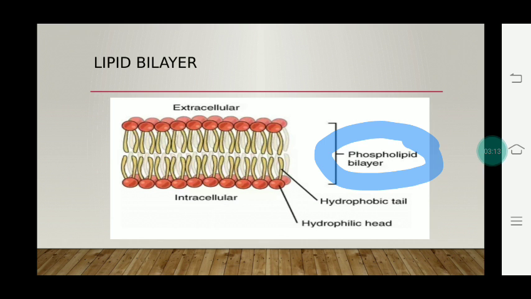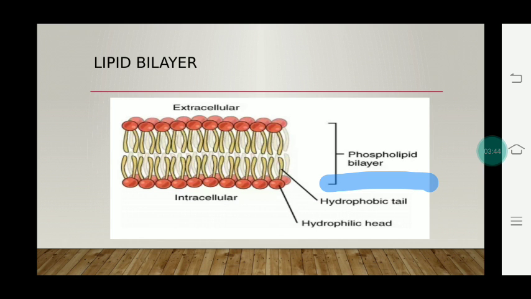Now you can see here the head and tail of the lipid. The head is the hydrophilic head, which means it's attracted towards water. And the other is the hydrophobic tail.